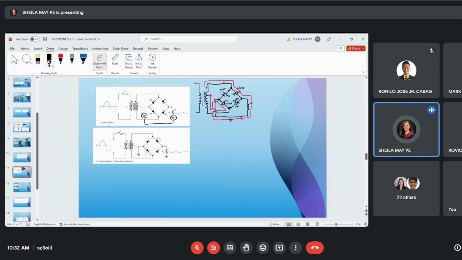Okay. Let me draw it instead. So, in our bridge, this is closed. This is open. This is open.